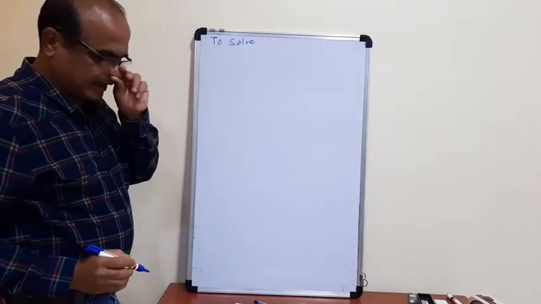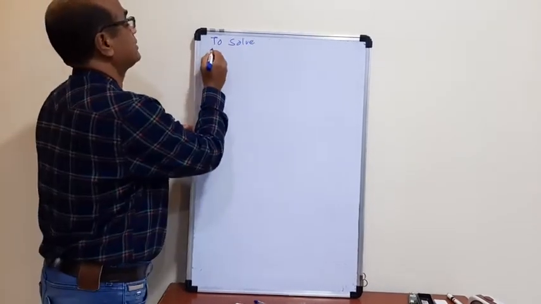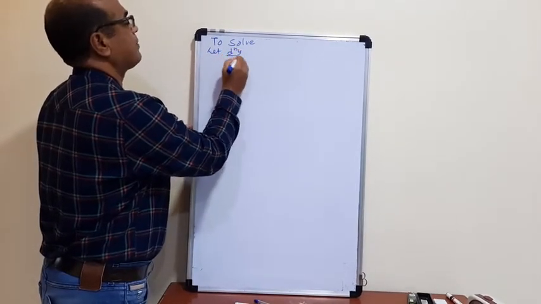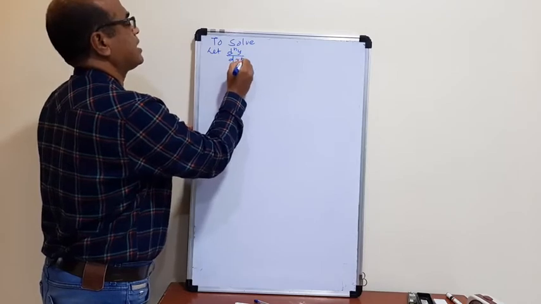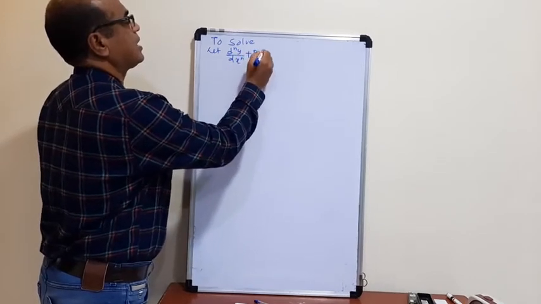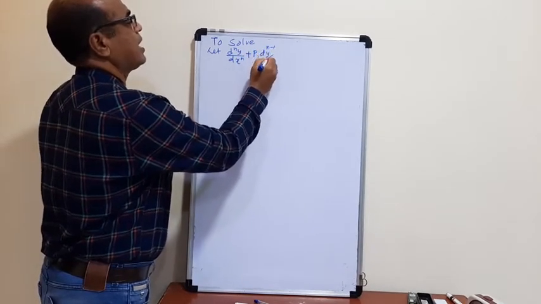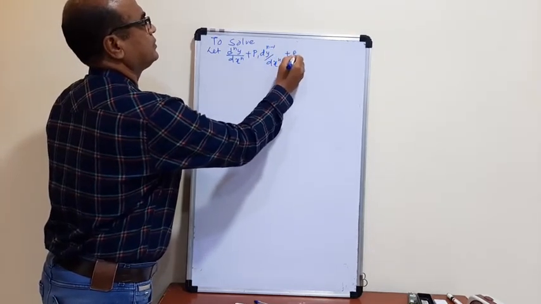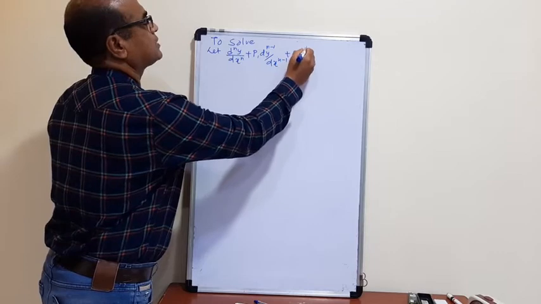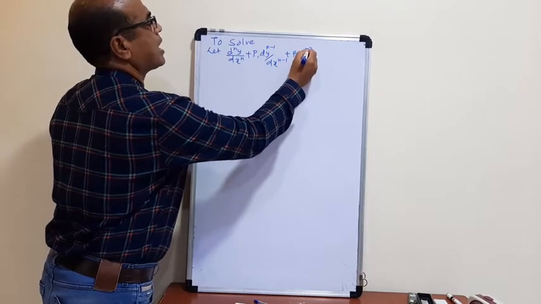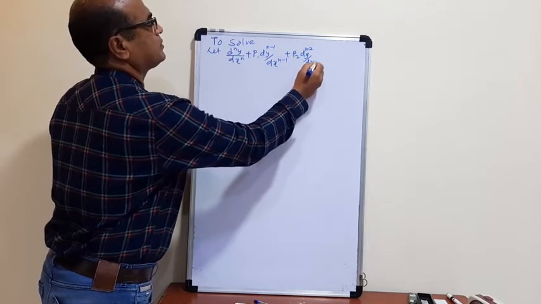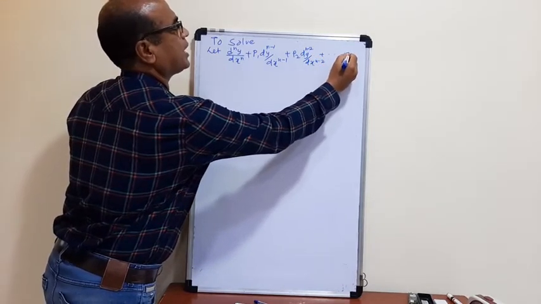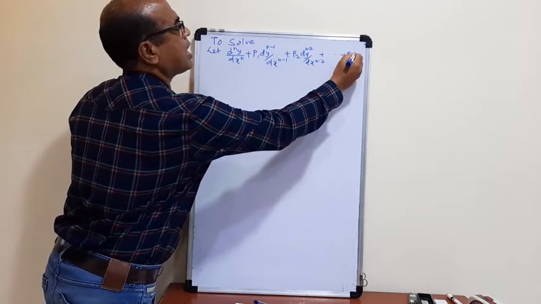So we consider this equation again: d^n y by dx^n plus p1 d^(n-1) y by dx^(n-1) plus p2 d^(n-2) y by dx^(n-2) and so on, plus pn y is equal to 0.